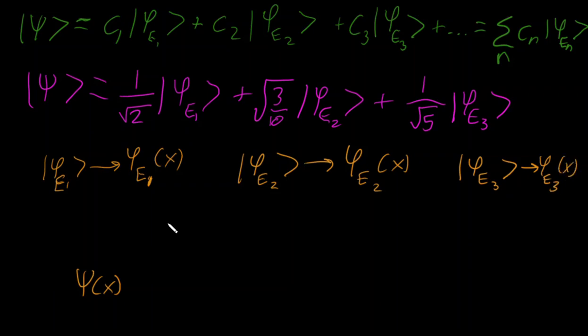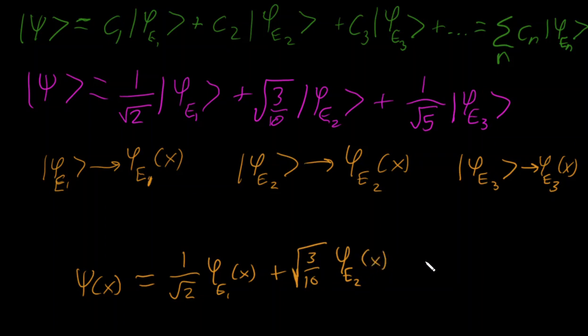And so now, psi of x would be, if we just plug this in, 1 over root 2 phi sub e1 of x plus root 3/10 phi sub e2 of x plus 1 over root 5 phi sub e3 of x.